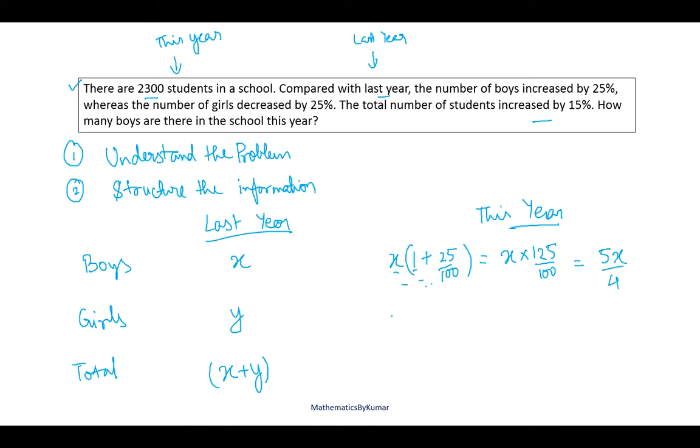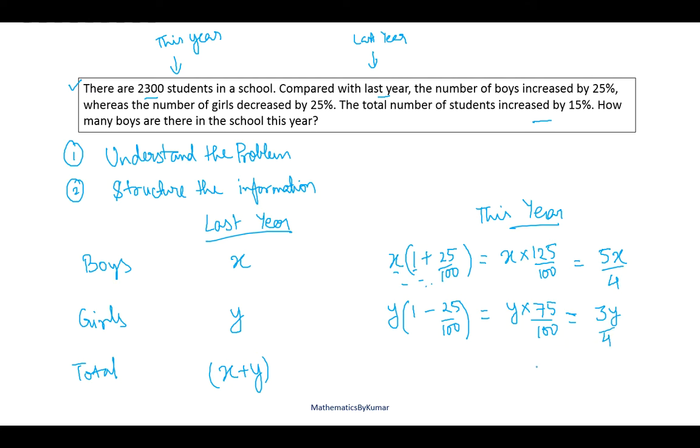Okay, for girls, I know that last year it was y, and I know that it has decreased by 25%. So this is the expression that I'll be using. This is nothing but y multiplied by, if we simplify, 75 over 100. Again, I can see there's a factor of 25 in the numerator and denominator, so I'll simplify it again. This will give me 3y over 4.